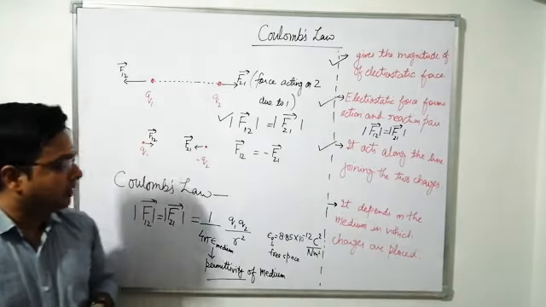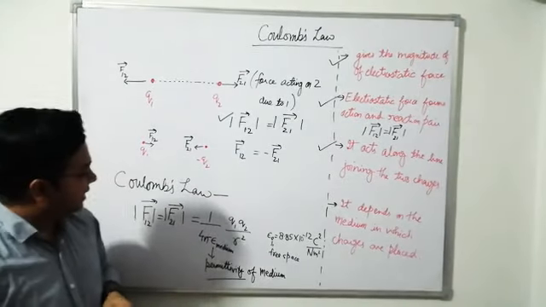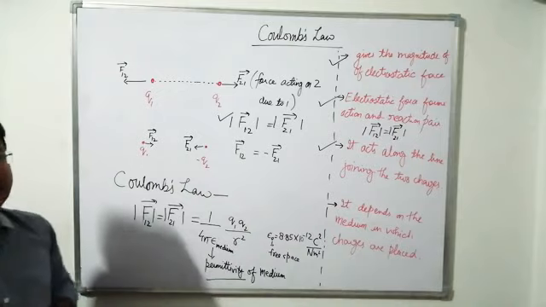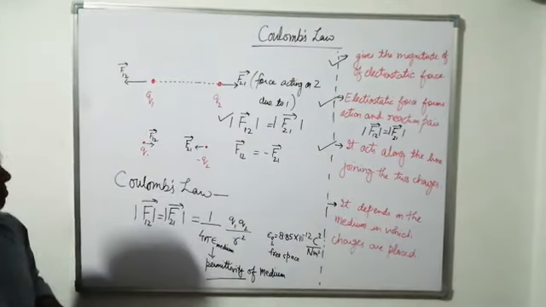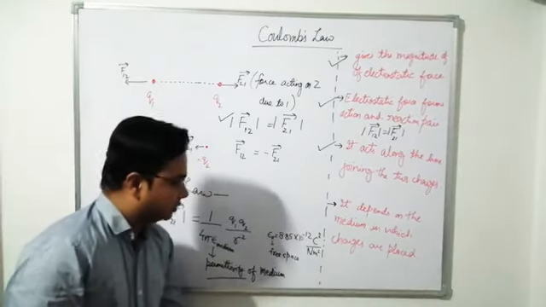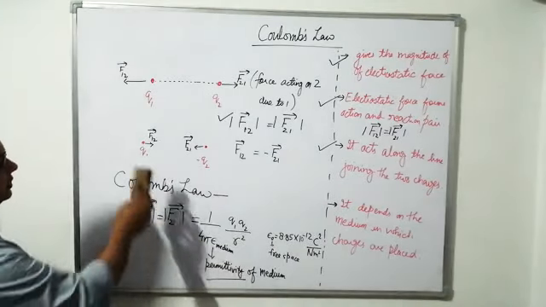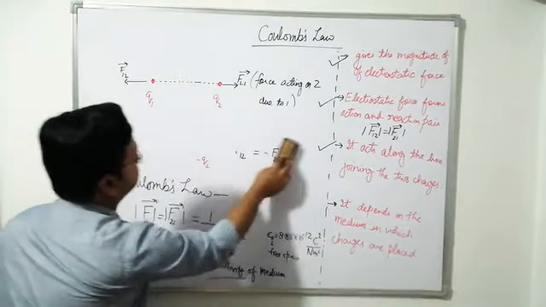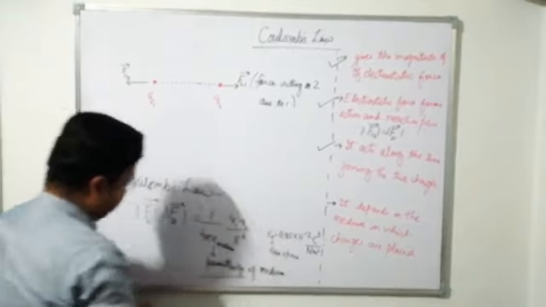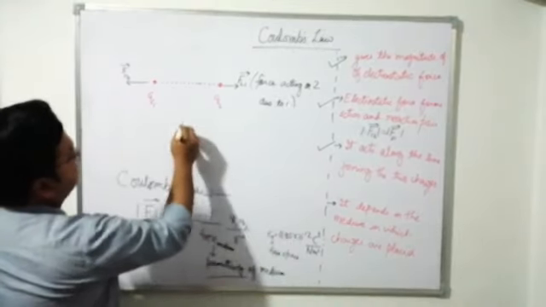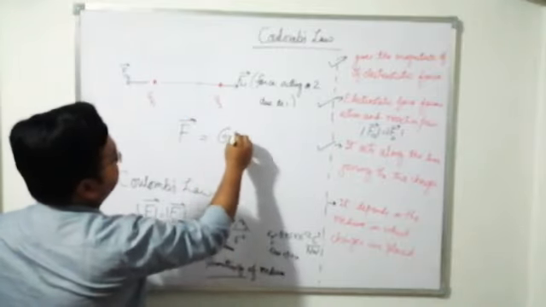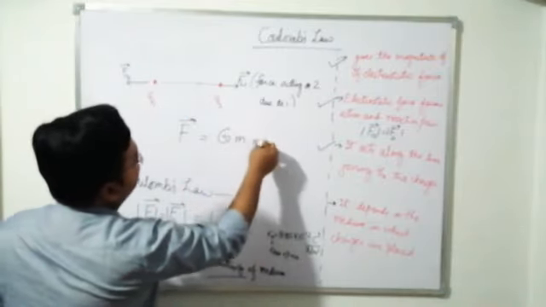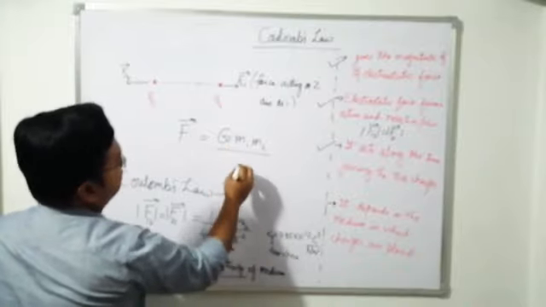Another very important point to note is that gravitational force does not depend upon the medium in which the masses are kept. The gravitational force acting between two masses is given by G m1 m2 upon r square.